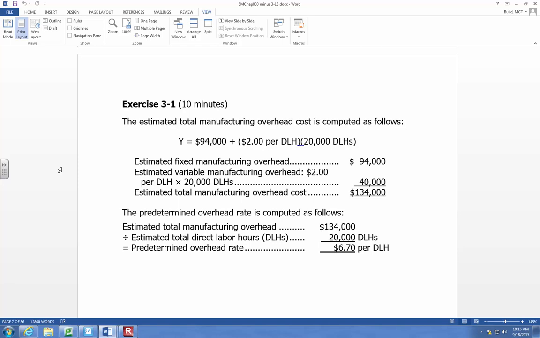Like depending on how much someone works. Okay, but there's two. We break our labor down into what and what? Direct and indirect. So an example of variable overhead is indirect labor, because direct labor goes straight into what? WIP, right?